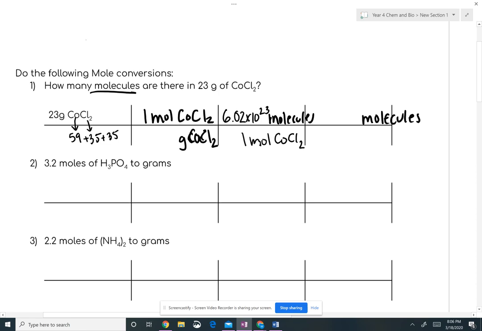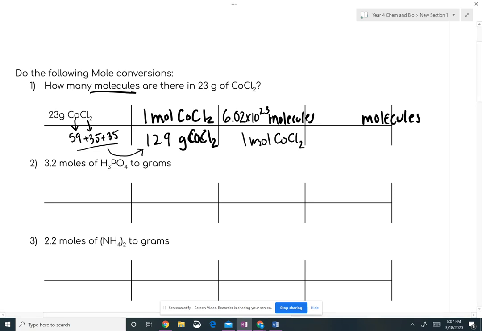If I go ahead and add those things together, I should get the following. Okay, 35 times 2 plus 59. So you should get 129 grams. And again, I get that from adding all of these things in there, and that's how I get my 129 grams, right?